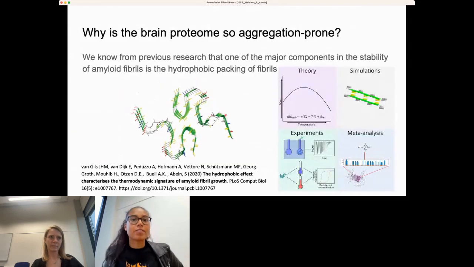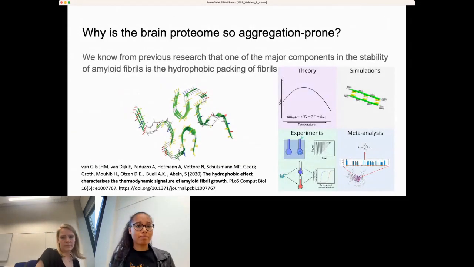Yes. So first what we've done is see, okay, we observed this hydrophobicity. How important is it for these fibrils? And so we've done a very nice combination where we have a theoretical model, which we combine with simulations and experiments to kind of understand what happens with these fibrils. And what we see is that, so typically if you think about protein structure or aggregate formation, then the stability of these proteins can be delineated into two components.